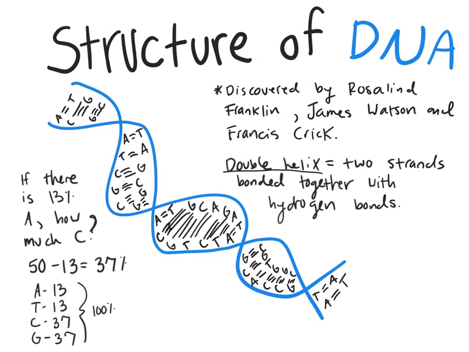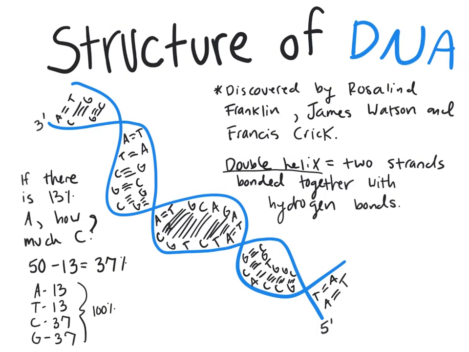Last but not least, I do want to note that DNA is what's called anti-parallel, meaning we have 2 strands that make up DNA, and they run in opposite directions. So for instance, if this DNA strand here, which is going to twist around, is in the 3 to 5 direction, which is just based on what carbon of the sugar is free and what carbon on the sugar has a phosphate, don't worry too much about that.